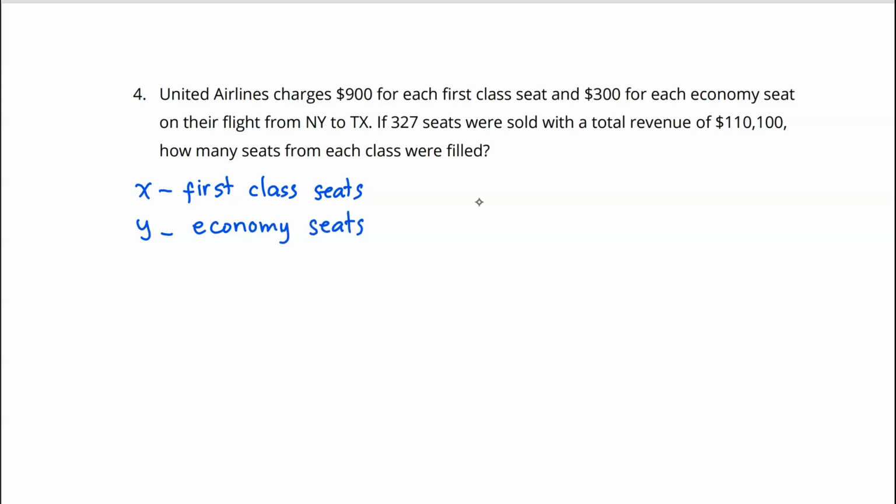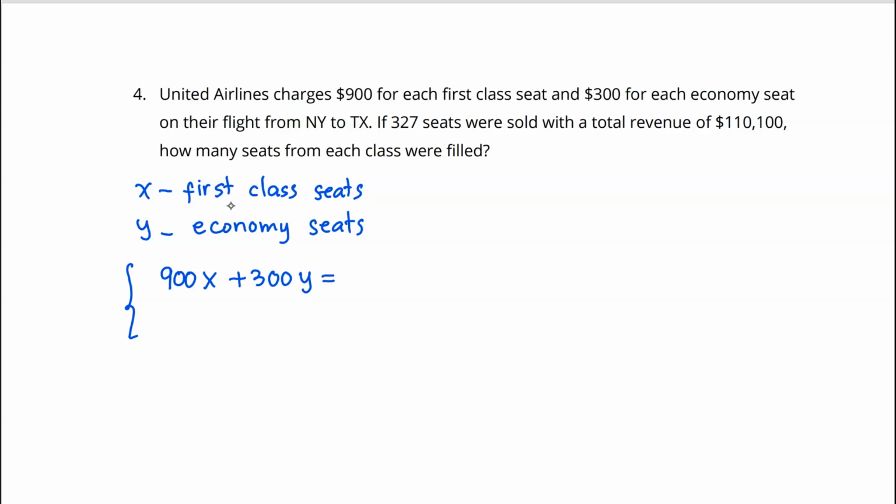And then we will set up the system of equations to solve this. Now, in the given, the cost for each first class seat is $900. So that is 900 times x, the number of first class seats, plus $300 for each economy seat, so 300 times y.